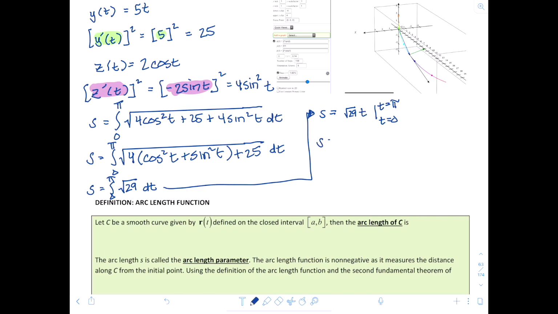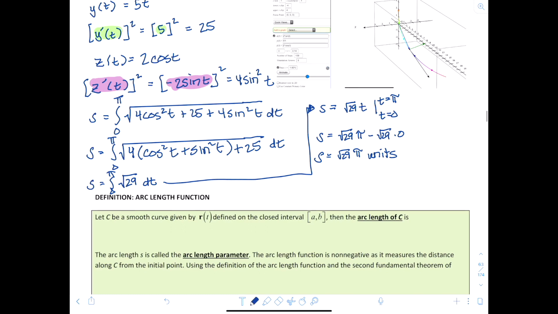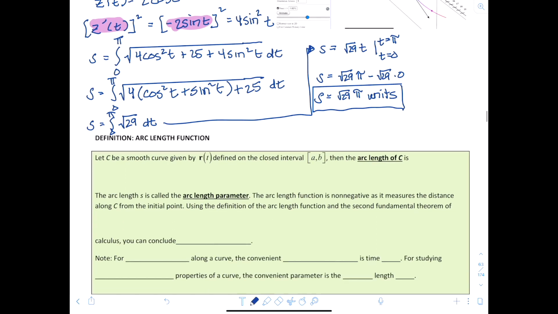So our arc length will be root 29 pi minus root 29 times 0. So s will be root 29 times pi linear units. How'd it go? Awesome! I knew you could do it. You guys are great.